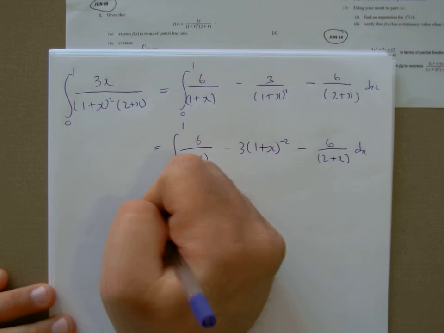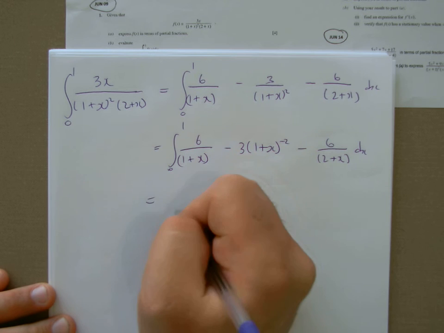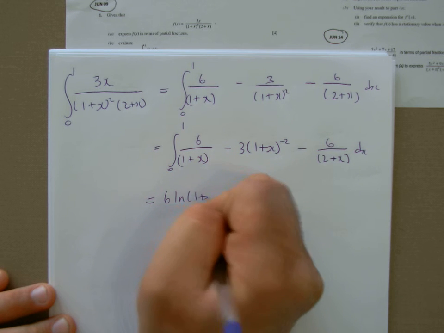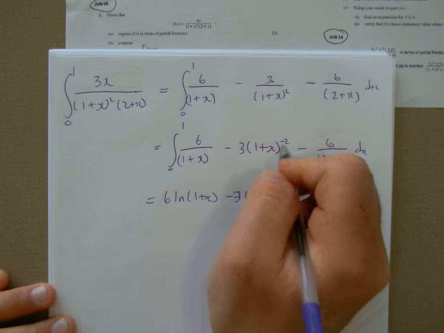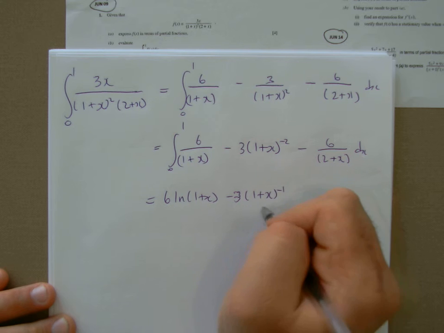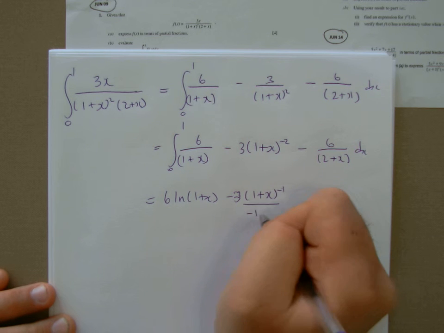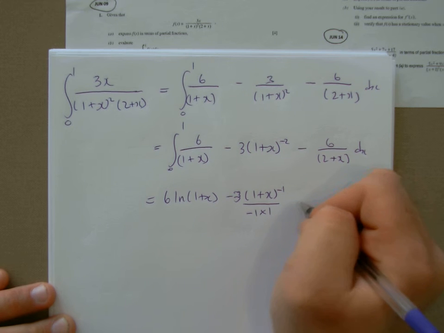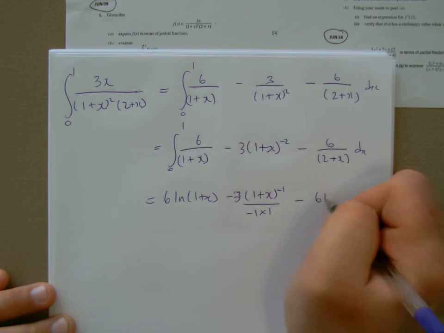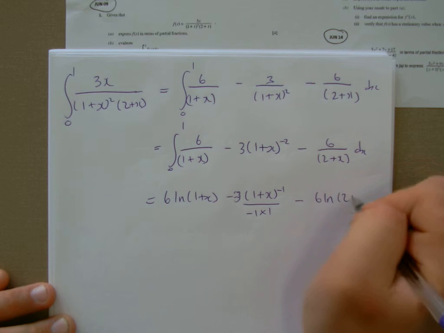So when I integrate it, linear on the bottom, that becomes ln, isn't it? So 6 ln 1 plus x, and then integrate this, minus 3, 1 plus x, increase that power by 1, so it'll be minus 1, divide by the new power, minus 1, times by the derivative in there, which is just 1, and then minus 6 ln, of course, here, 2 plus x.